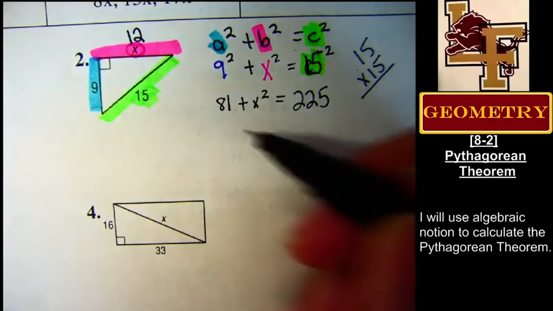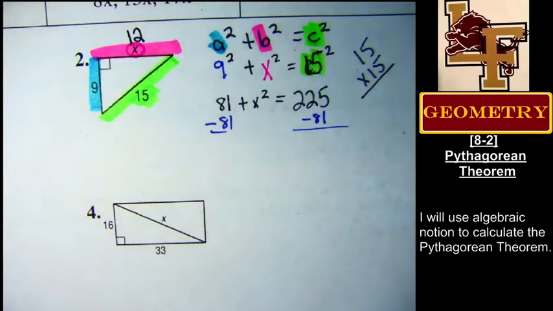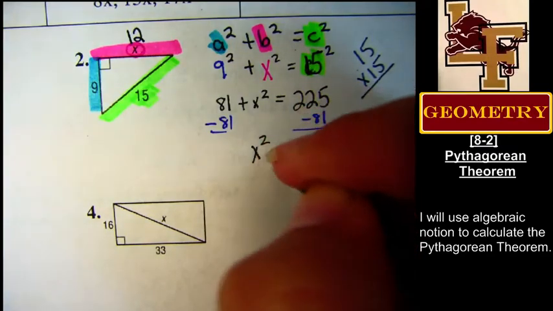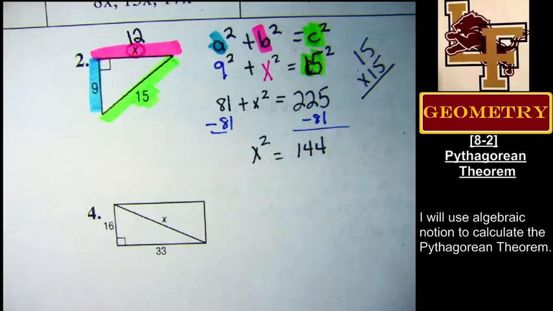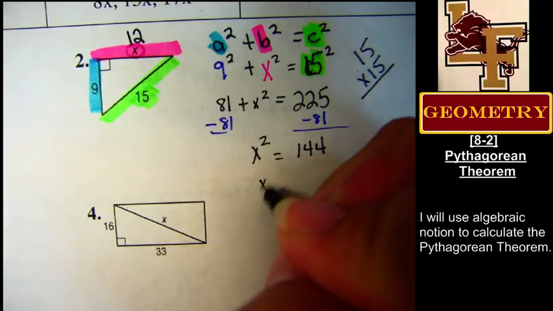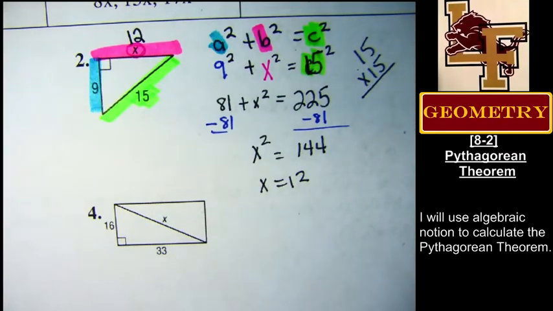I'm going to subtract 81 from both sides. And the square root of 144 is 12. Which confirms what I had gotten with the Pythagorean triple. Okay?